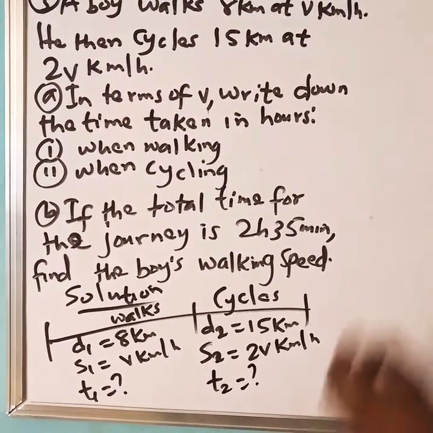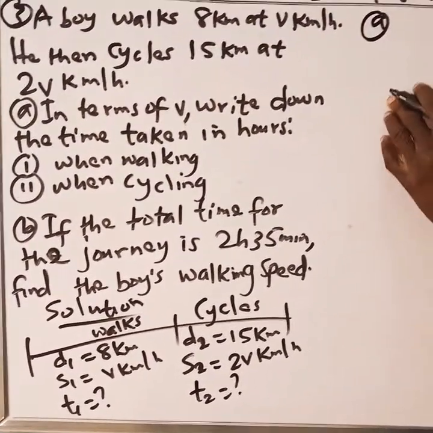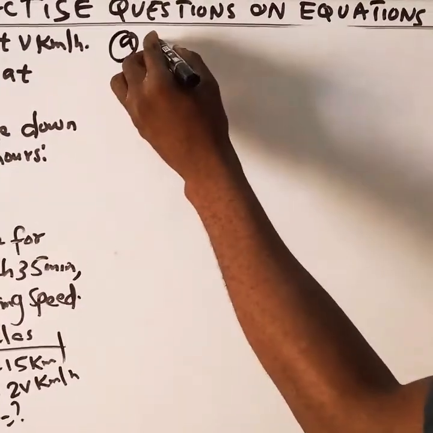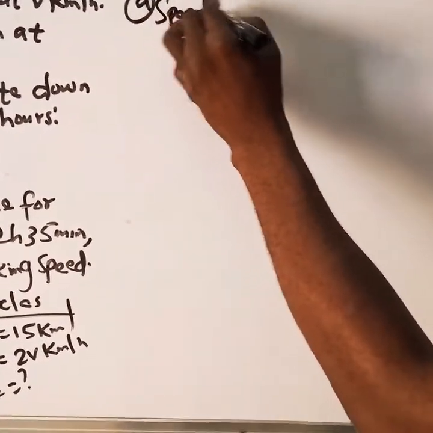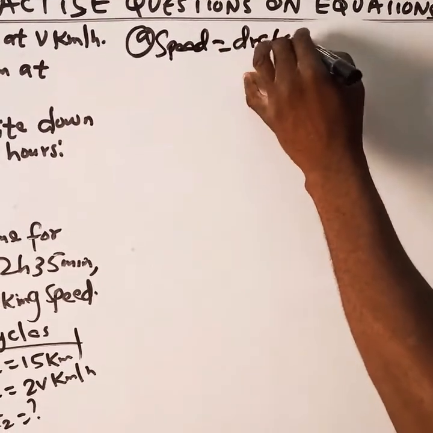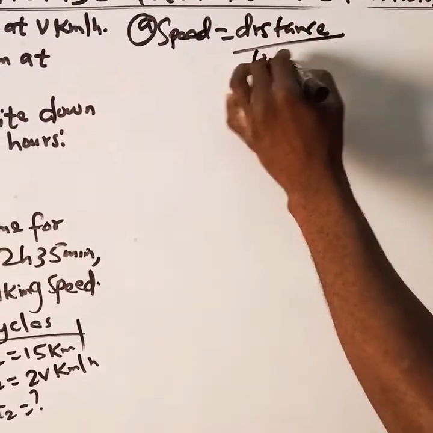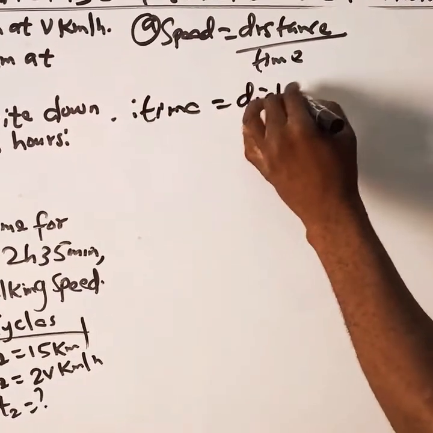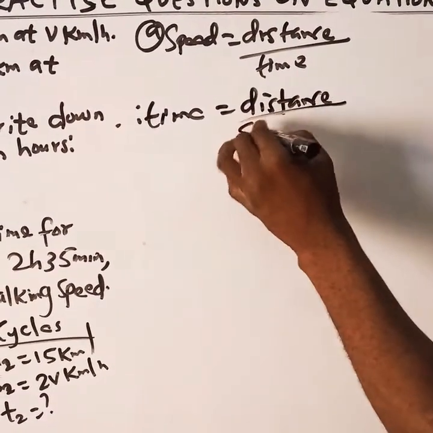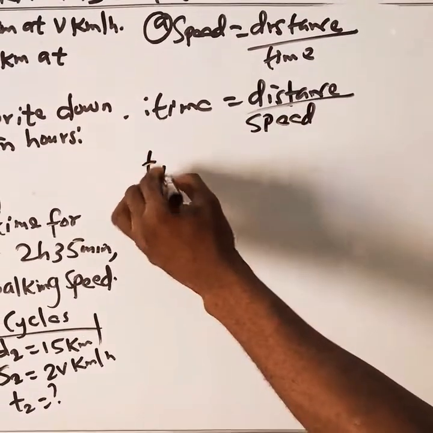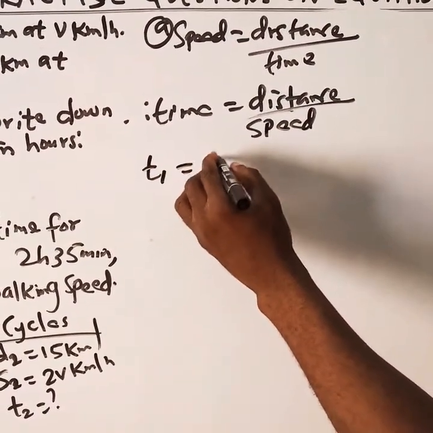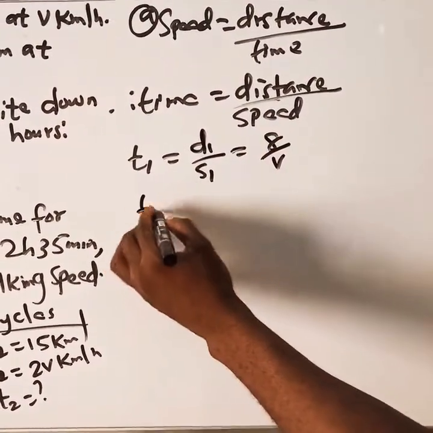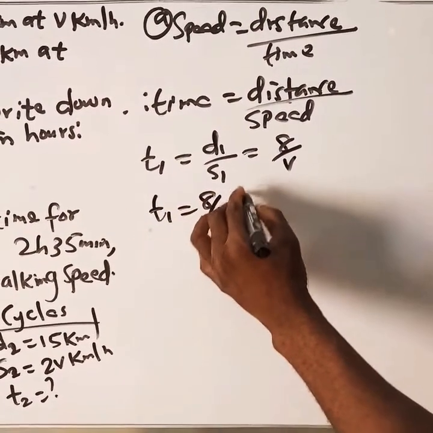So in terms of V, write down the time taken in hours. Speed is distance over time, so therefore time is distance over speed. So T1 will be distance, that's D1 over S1, which is 8 over V. So T1 is 8 over V hours.